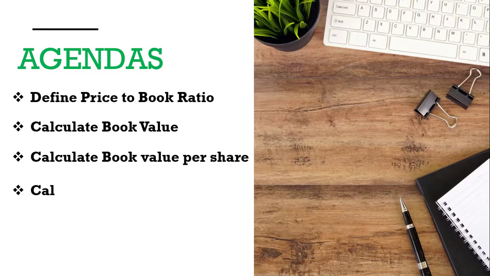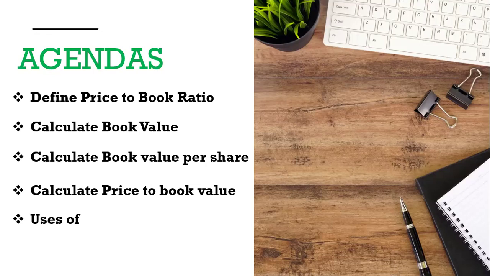And once we have that, we will calculate the price to book value. Then we will talk about the uses of price to book value. This is one of the ratios used to determine if the company is overvalued or undervalued, and why you should buy it.